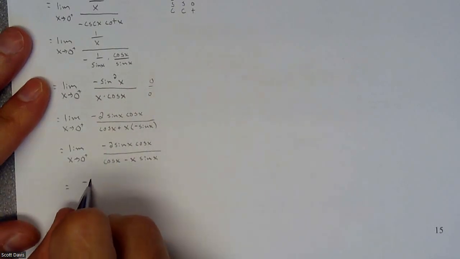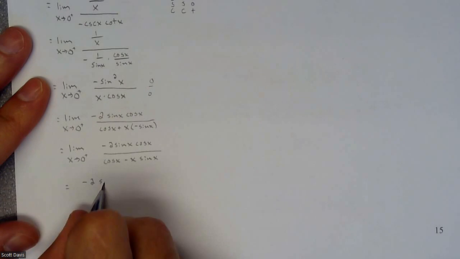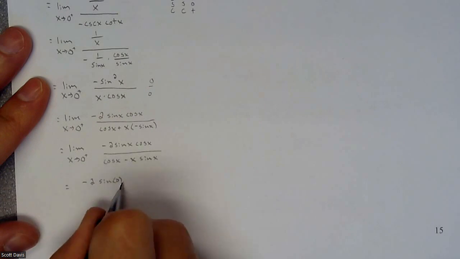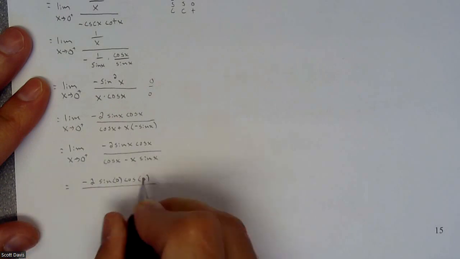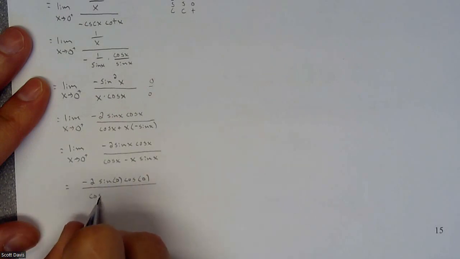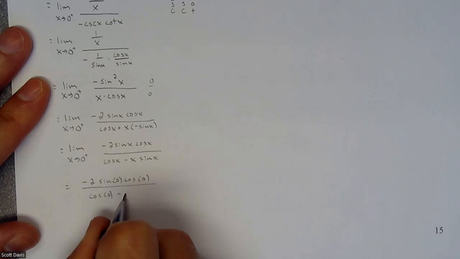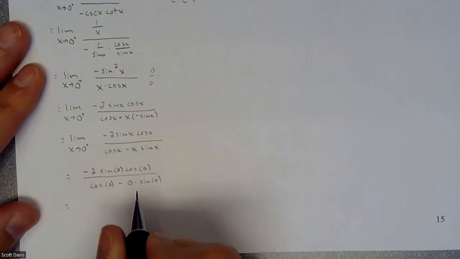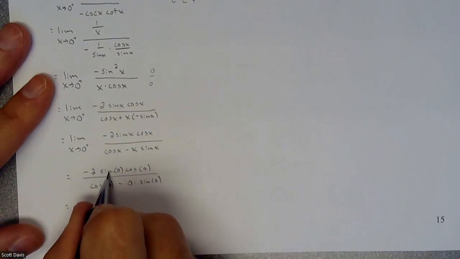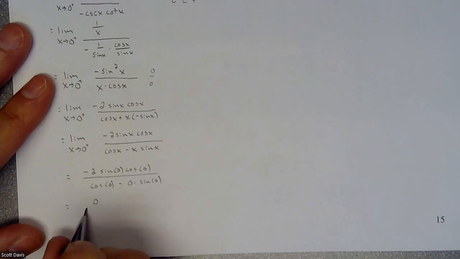So I'll plug in 2 times sine of 0 times cosine of 0 divided by cosine of 0 minus 0 times sine of 0. Sine of 0 is 0, so it's going to wipe away the whole top.